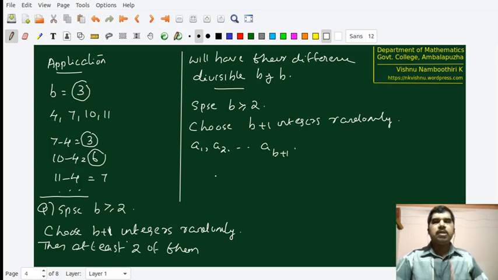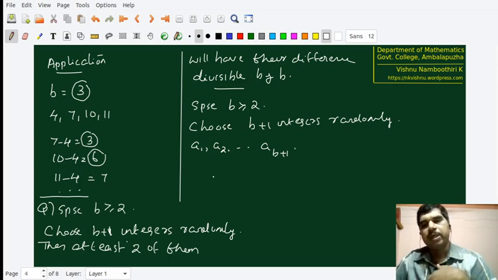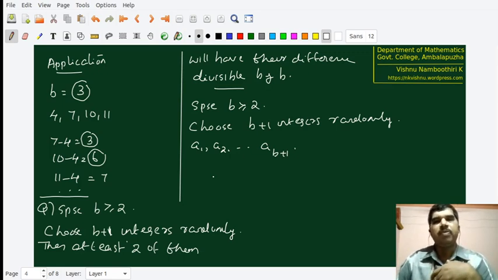Now we want to say that at least a pair of them will have difference divisible by b. So what is meant by a pair of them? That pair can be a1 minus a2, a2 minus a3, a4 minus a5, etc. Whatever pair you choose, it's fine, but we want at least one pair to have difference a multiple of b.